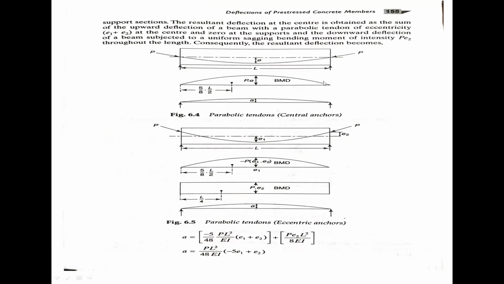This is the prestressed concrete beam, rectangular. This is the centroidal axis. Now the bending moment diagram is taken upward, so I take a negative sign: minus 5 P e L square by 48 EI. This is the parabolic tendon profile for central anchors, with eccentricity small e at the center.